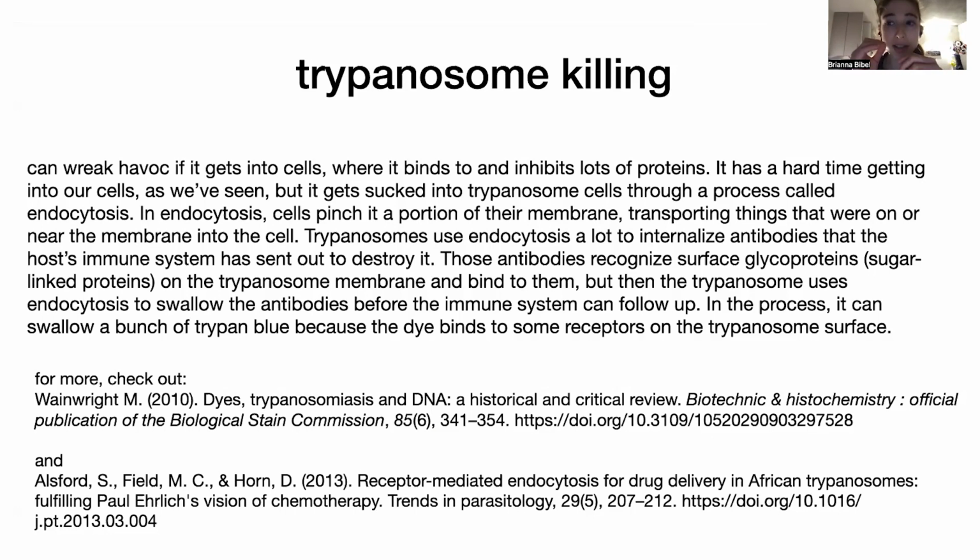Basically, there are antibodies that can recognize a sugar or a glycoprotein, a sugar-coated protein, on the surface of these trypanosomes. And if these antibodies bind to that, they can call in the immune system, and the immune system can destroy the trypanosome. To avoid that, the trypanosome says, oh, there's an antibody bound to me, let's suck it in, and haha, now the immune system doesn't know there was an antibody bound there.